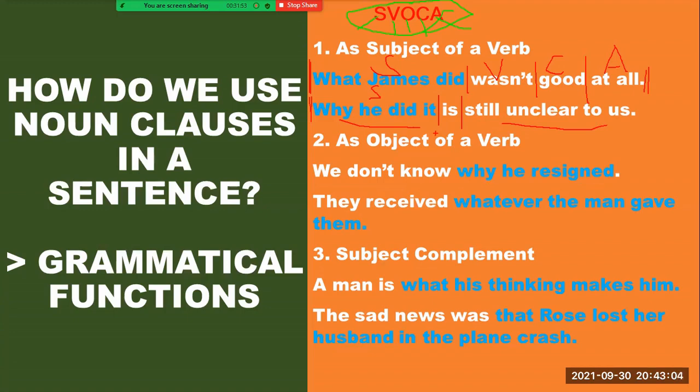All right, now again, you discover that it is all about what we are talking about. So if we leave this expression, we put a dash here, and we say dash is still unclear to us. The question is what? What is still unclear to us? Why he did it. And usually the subject comes at the initial position of the sentence.